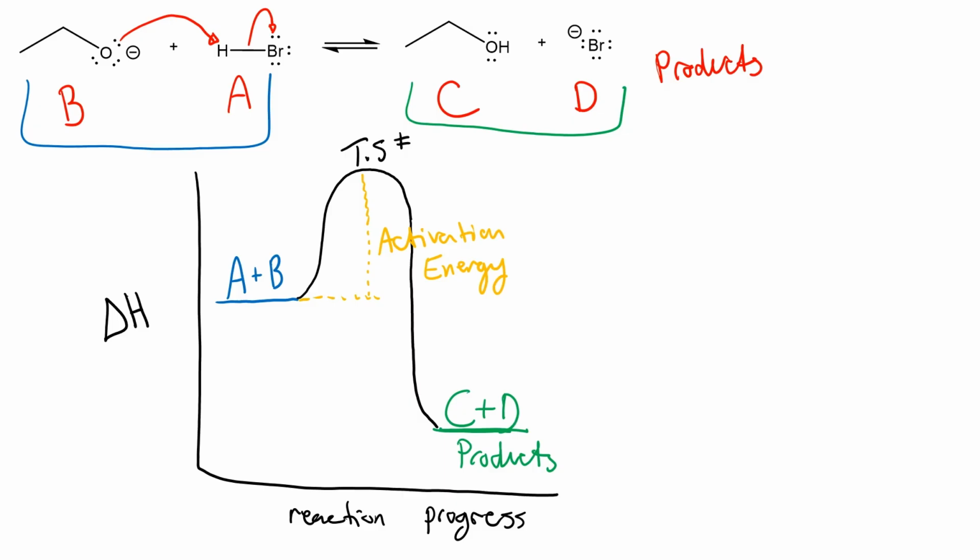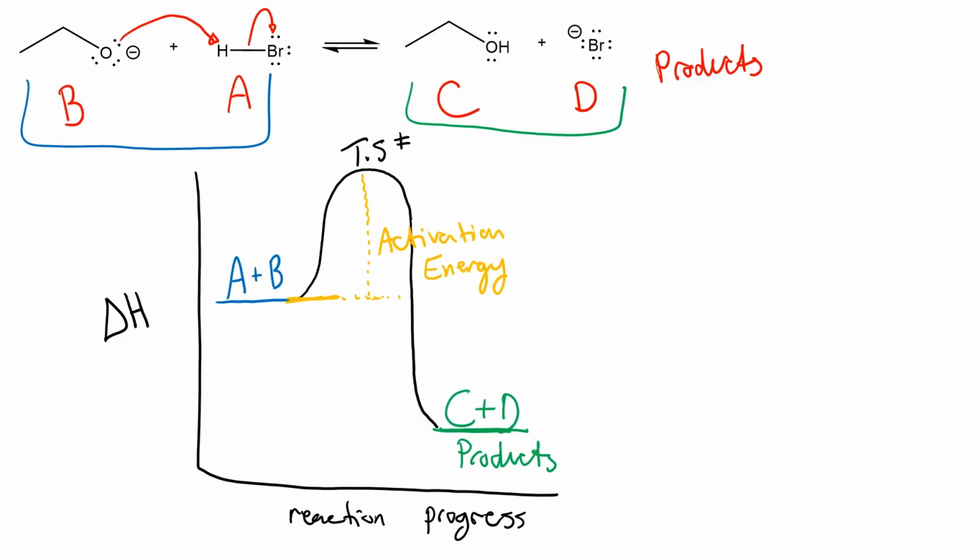And we always mark it from where the starting materials or our reactants are up to the transition state. That is a noted amount of energy that is required to do this reaction, okay?